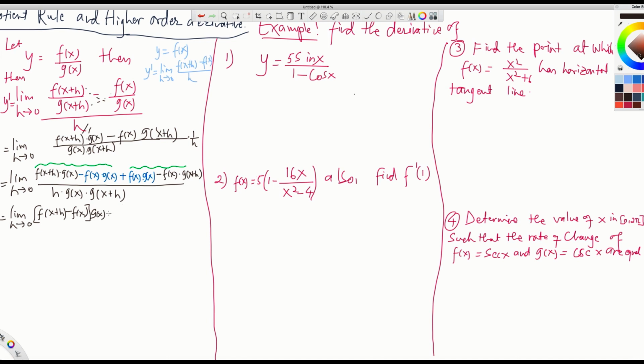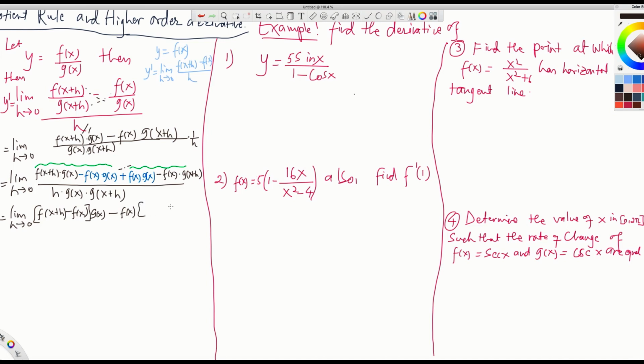Okay, and then I want to take minus out. You will see why I took minus out. So I'm taking negative f of x out, but there is plus, so that is negative times negative, right? So I'm taking one of the negatives and f(x) out, so what is left is negative g of x, right?